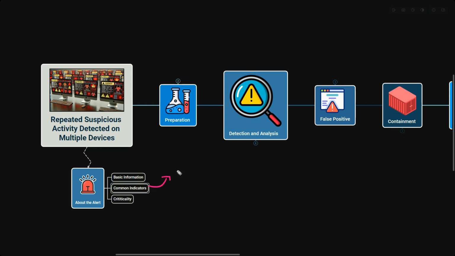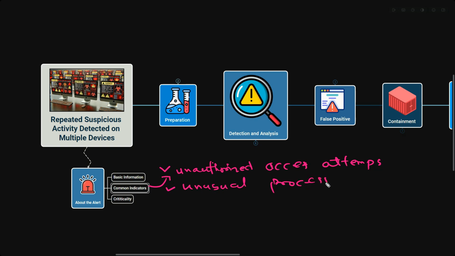It can be unauthorized access attempts. If this has been happening on multiple devices, then this can be a good indicator. Unusual process execution can be another indicator as well.